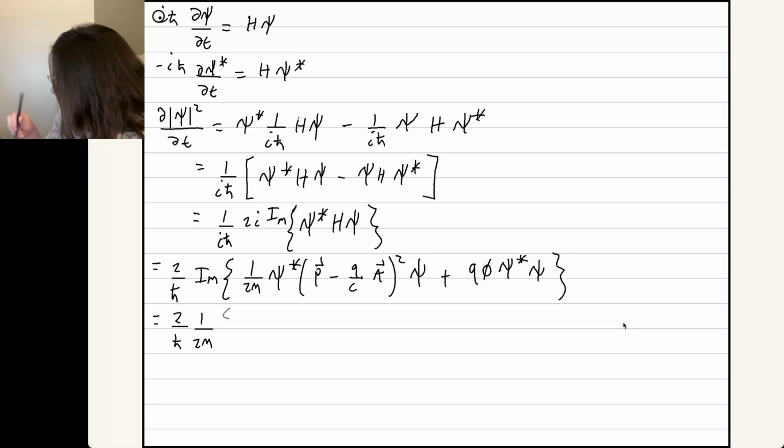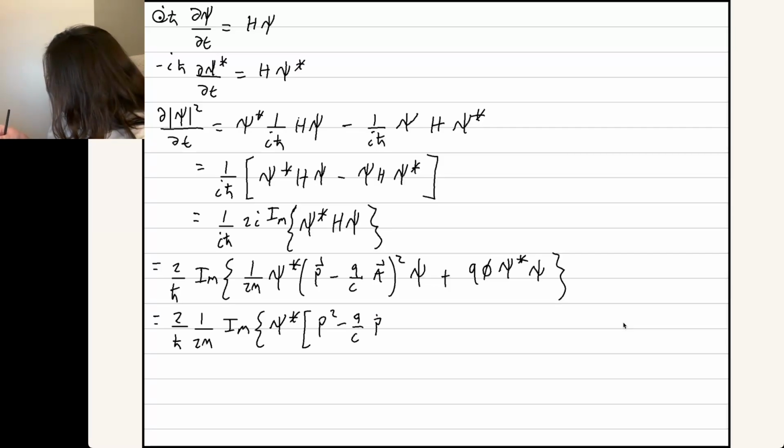So doing the imaginary part of psi star, and then in here we'll have p squared minus q over c p dot A minus q over c A dot p plus q squared over c squared A squared, psi.